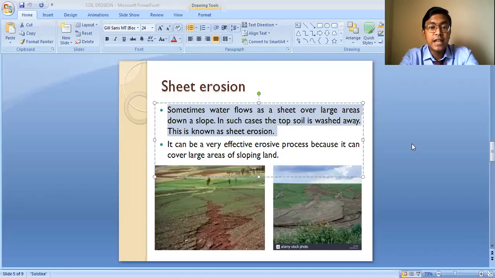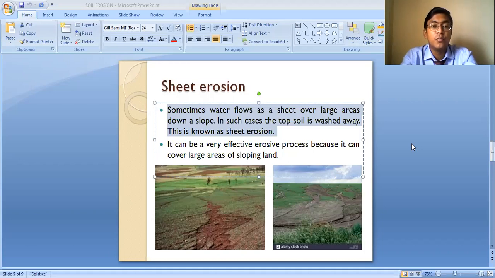It can be a very effective erosive process because it can cover large areas of sloping land. This kind of sheet erosion causes large scale erosion because a larger part of the soil gets washed away at the same time.